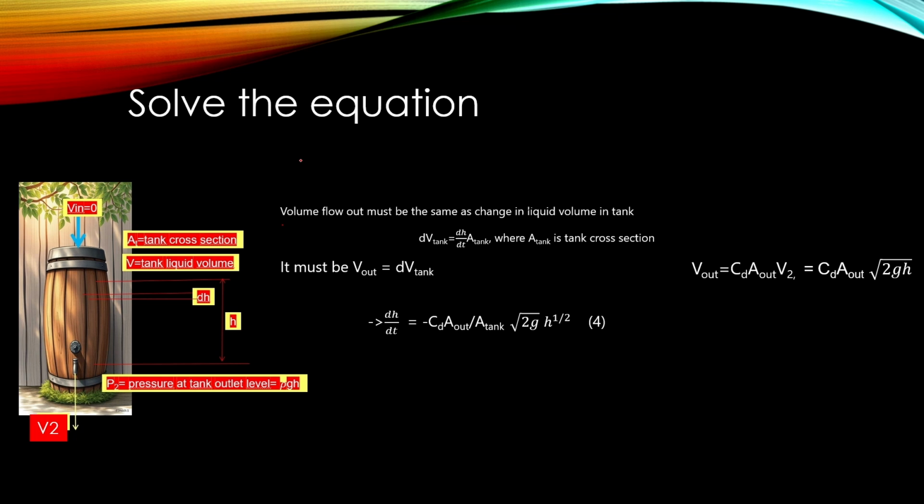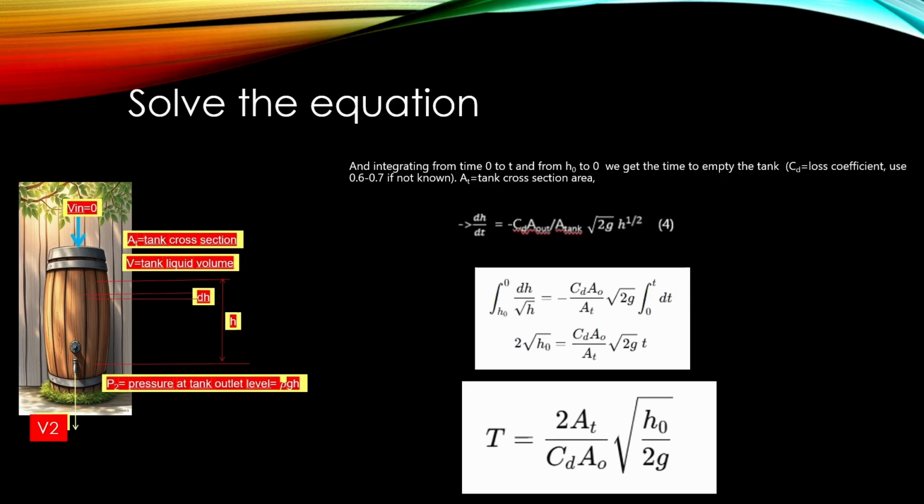And because we have only one outlet, our outlet flow and change in tank liquid volume must be the same. So we can write an expression for change in liquid column height. It's quite a nice expression, except that it has this liquid column height on the right side also.